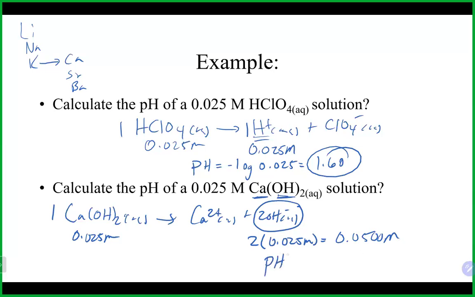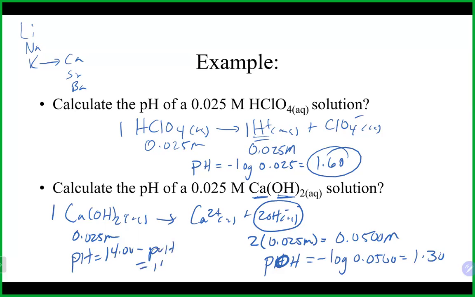That then would go into our pOH, as we have the hydroxide concentration given to us: minus the log of 0.05. Looks like a 1.30. Once again here, the pH can be found by taking 14 minus the pOH, and that's 14 minus 1.30.